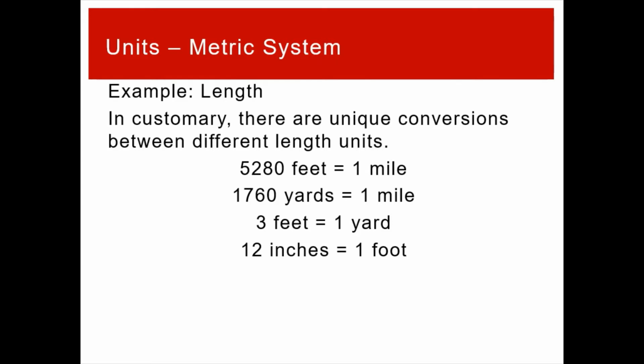It's 12 inches in a foot, 3 feet in a yard, 1,760 yards in a mile. Those are just numbers we can look up and memorize, but we'd have to do that. There's not really much rhyme or reason. One of the real problems is you can't look at the word yard and the word mile and figure out the relationship between those distances. This isn't a system. This is just a collection of units that have defined relationships.